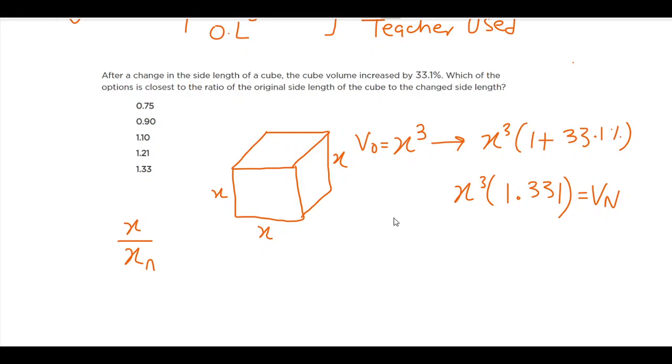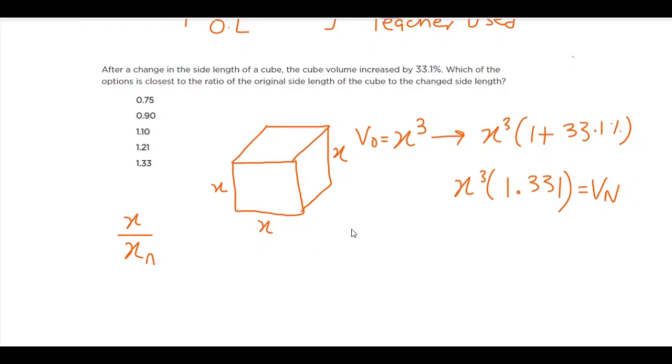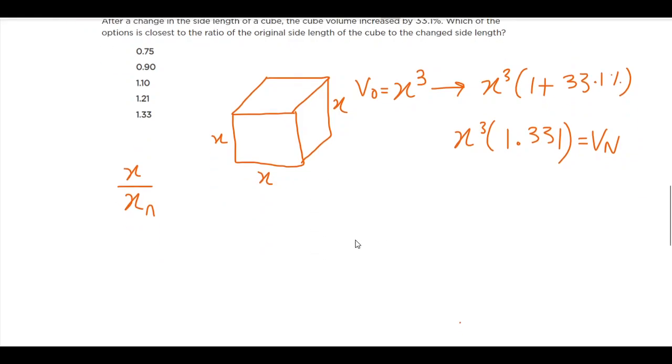So let's see what's going on here. First of all, I think what I need to do is come up with some type of relationship which will eventually help me, because I have the change in the volume, and the question is asking me about the sides, right?